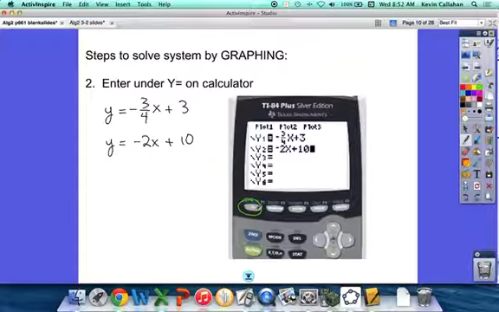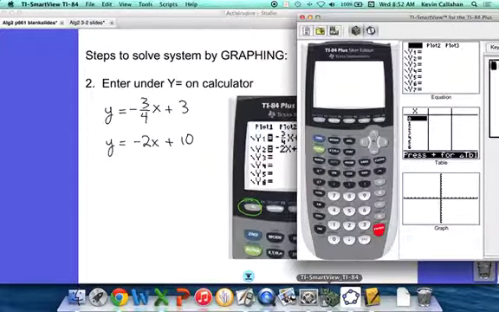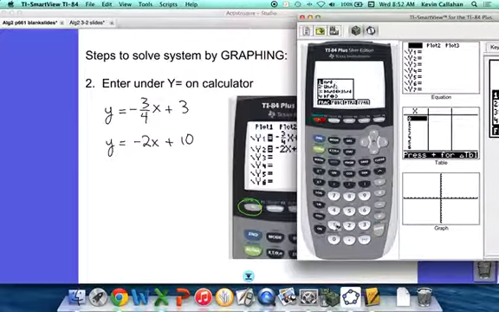Now put those equations in the calculator, like I've already shown here. You don't have to use the fraction notation like that. You could just say 3 divided by 4. That's fine. But if you want to use the 3/4, you remember how you can get the fraction bar to come out? You go alpha, y equals, 1. But you don't have to.